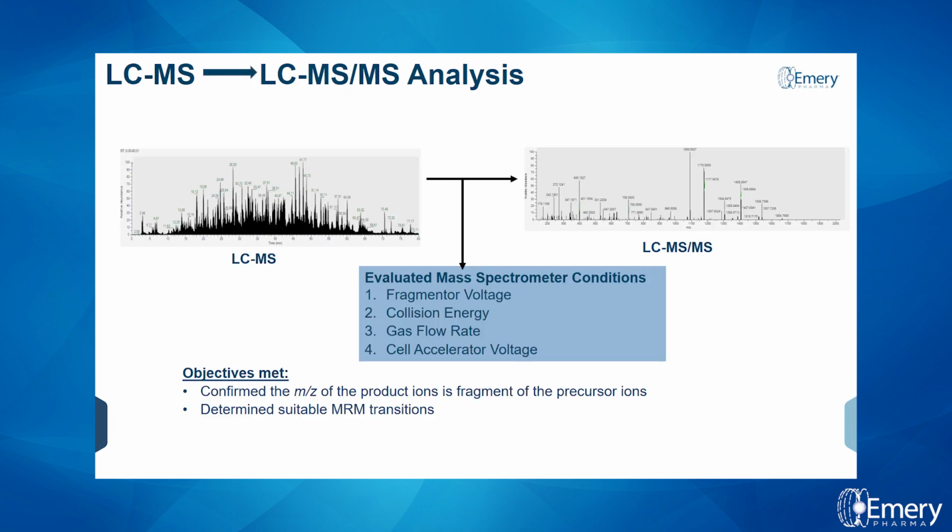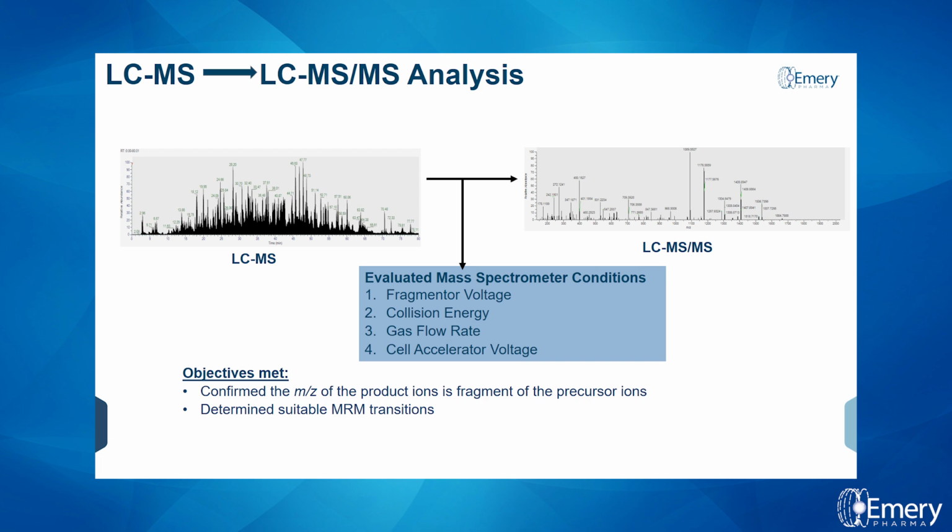Now moving on to LC-MS-MS analysis from LC-MS analysis. So this would make sure that we have a product ion coming from the precursor ions and also have that optimal MRM transition that would be able to quantitate all 6 antibodies in this drug product.